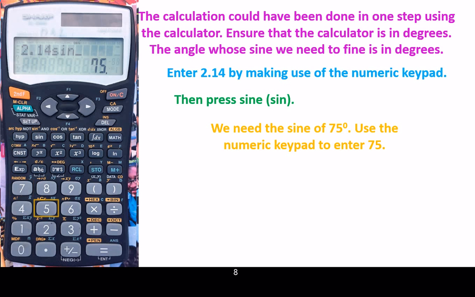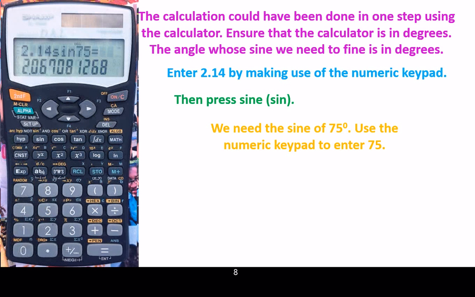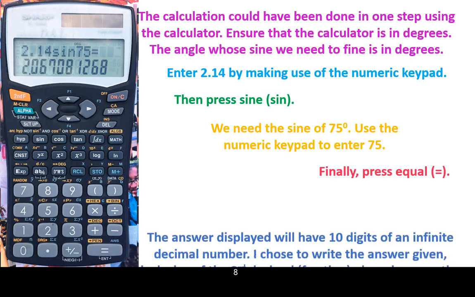And of course, what do we do next? In order to have the final answer that we have on the screen, we finally need to press equal. So we need to be able to identify equal on the keypad also. And that is the last thing that we need to enter.